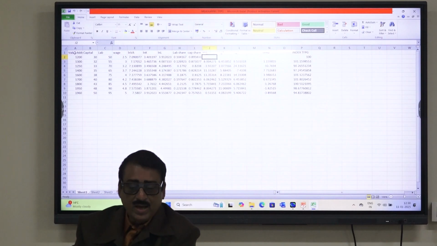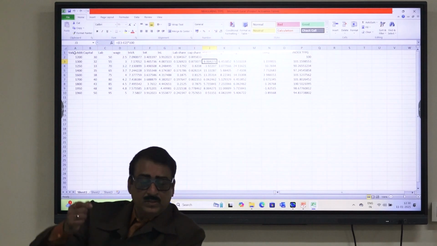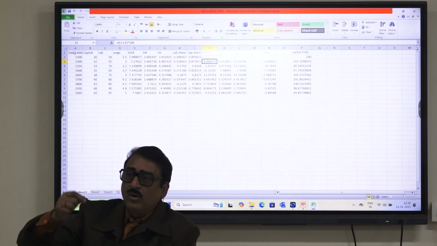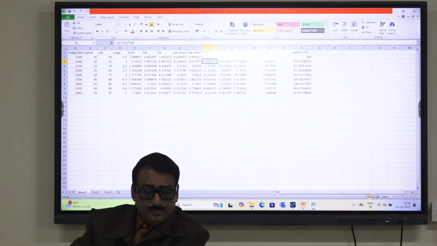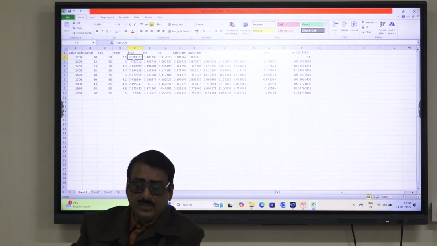Now I am coming to the rate of growth in value added. Rate of growth in value added, how do you compute? That is the log of value added, this one, minus log of value added, this one, the previous period. So that will give me the growth rate in value added.